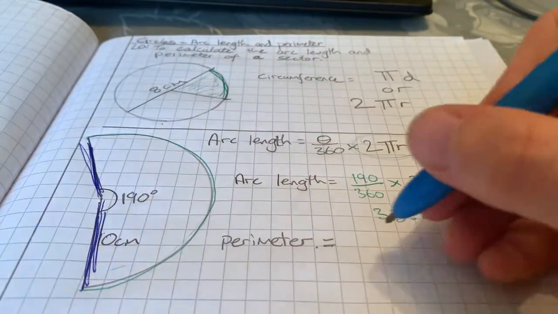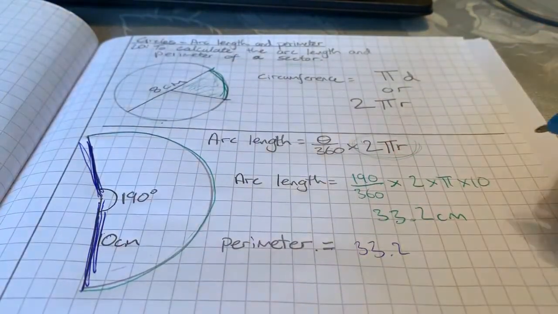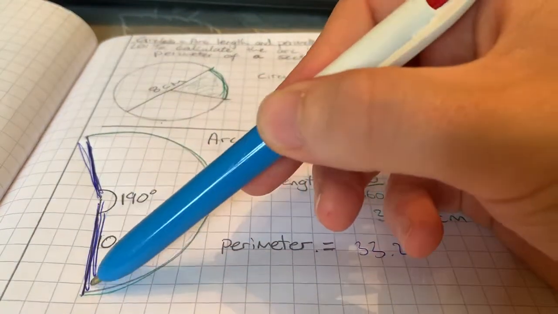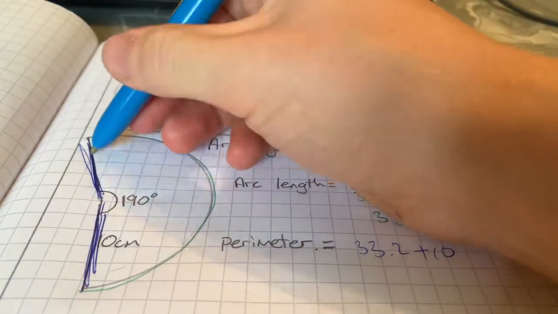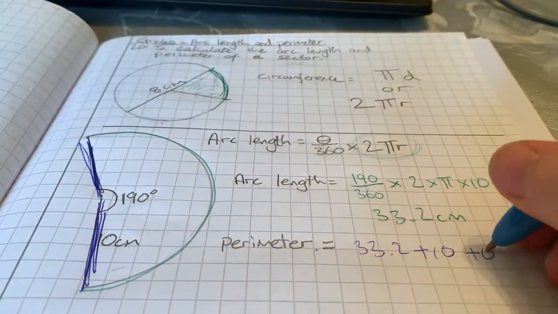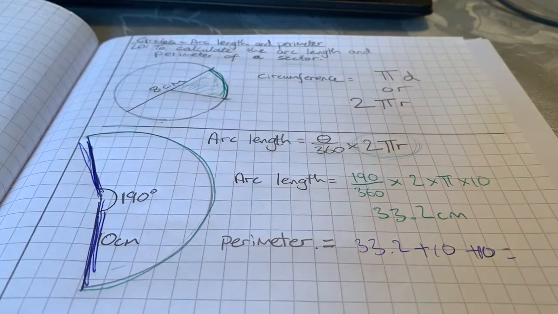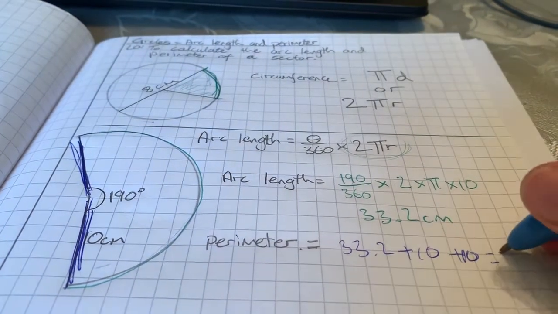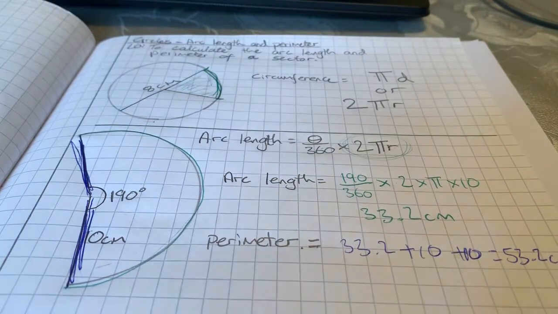So you take your previous answer, 33.2, but then you're adding on a radius there, so adding on 10, and a radius there, so adding on another 10. So it'll be 33.2 add 10 add 10, which is 53.2 centimeters.